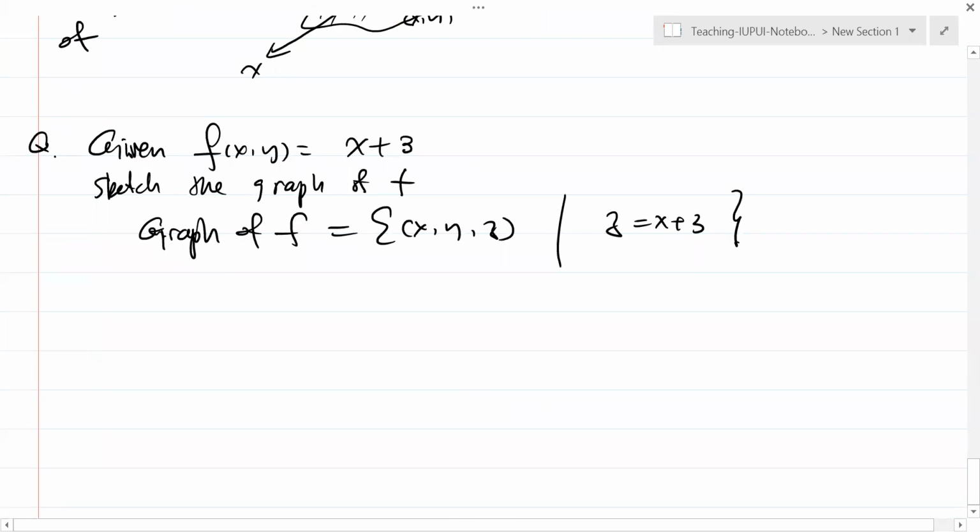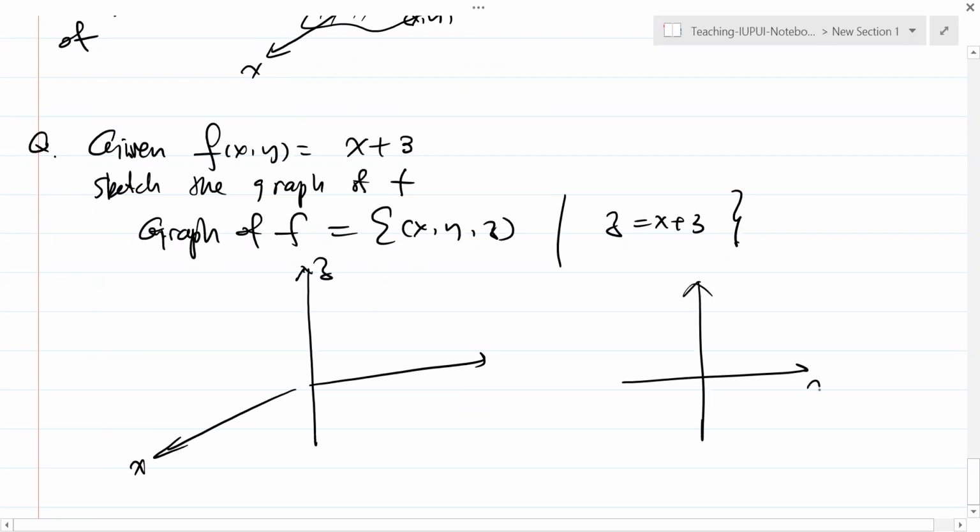So there's a relationship between z and x, but no restriction on the y value. In the x, z plane, z equals x plus 3 is going to be a straight line, passing through 3, like that.